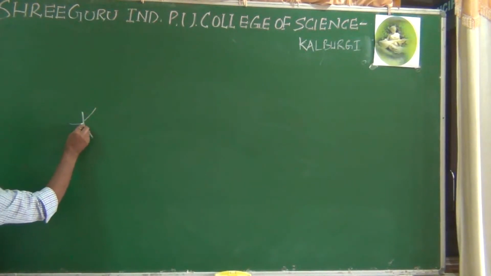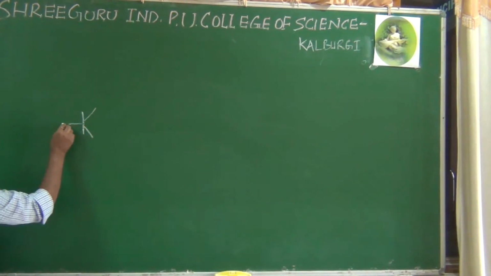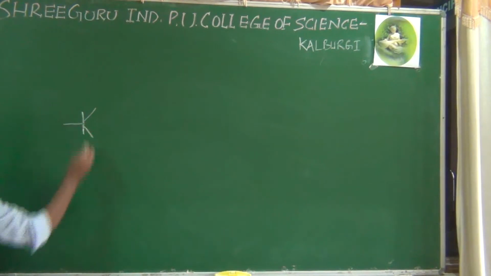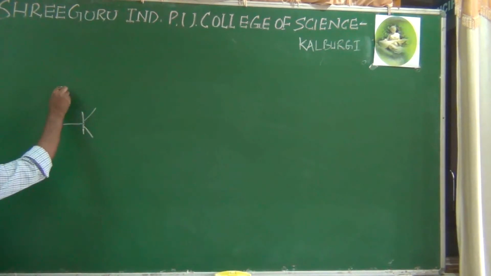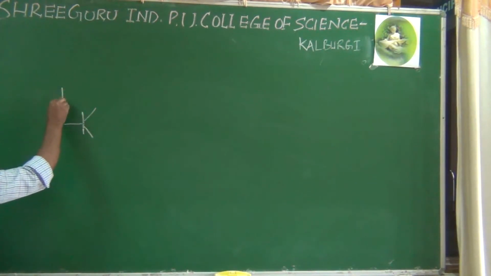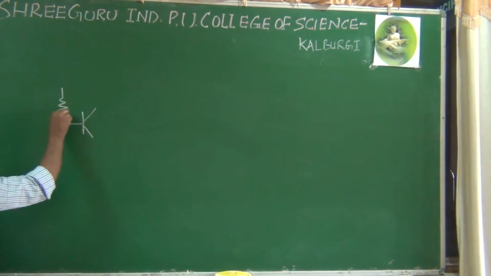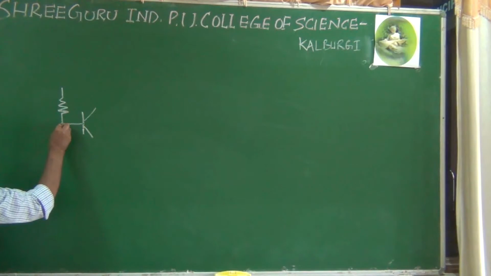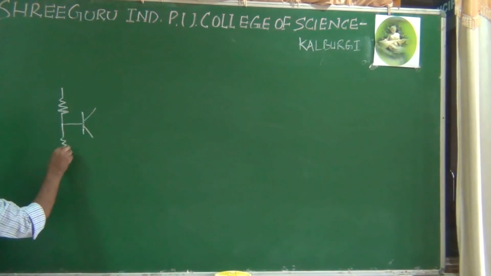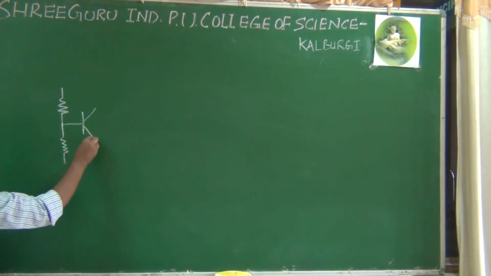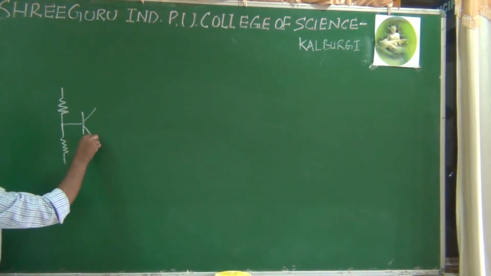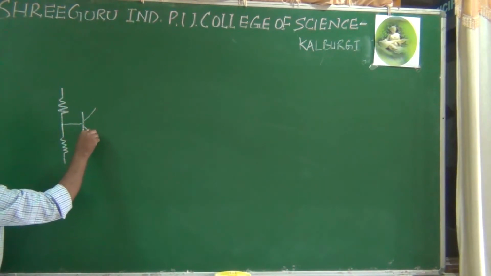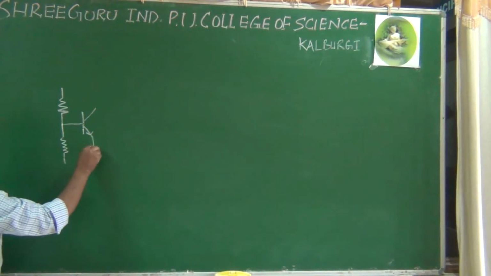As we studied already in the beginning classes, in the NPN transistor the majority carriers are electrons, and another important thing is that the mobility of electrons is more than the mobility of holes.